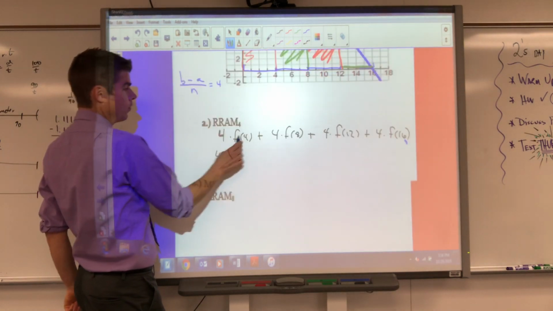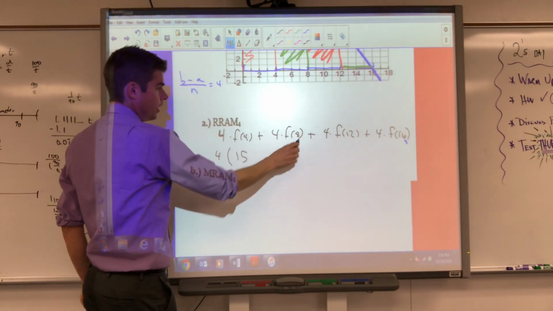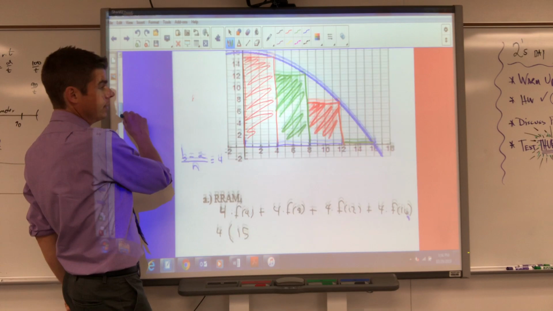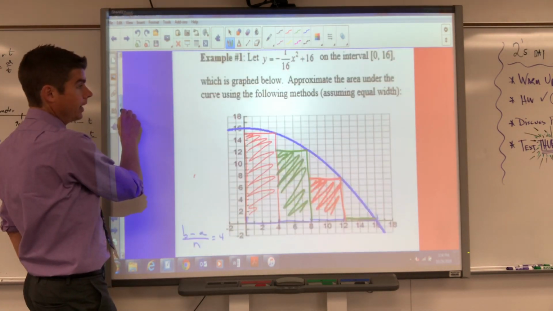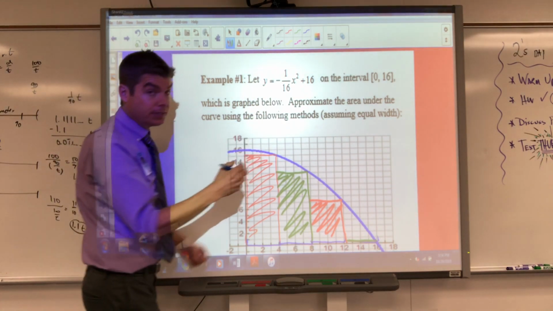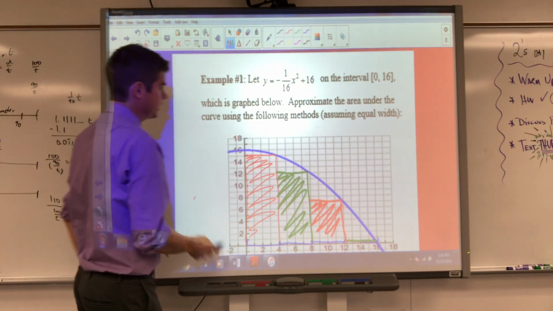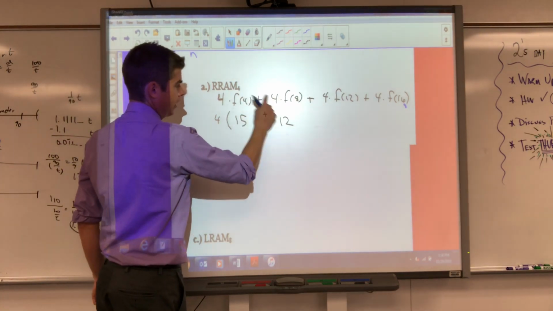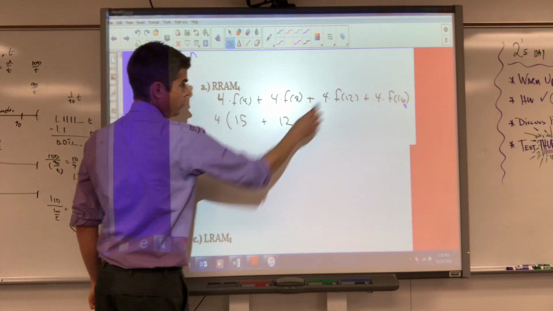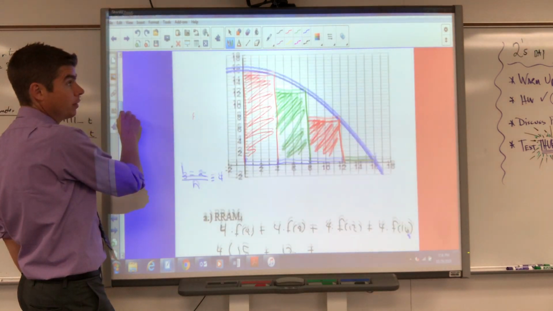So f of 4 is 15. Then if I evaluate 8, again, you could look at the graph or substitute into the function. 8 squared is 64, negative 1/16 of 64 is negative 4, plus 16 is 12. Remember, I've already factored that 4 out. We could plug in 12, and then 16 as well.